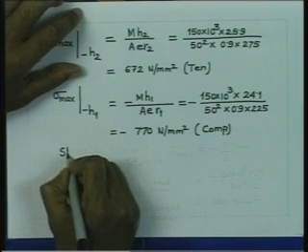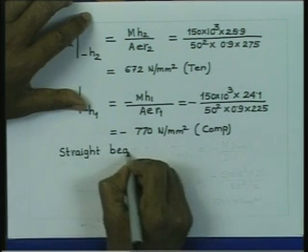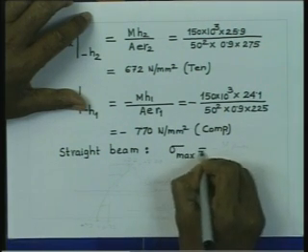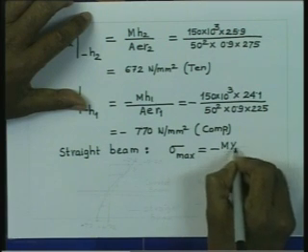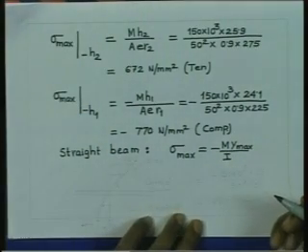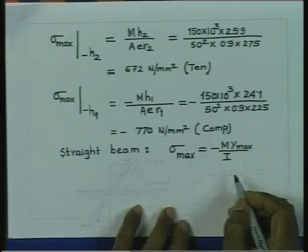If you compute the stress when the beam is straight, then it is simply going to be 6 M by b h square, or you can write that maximum stress is nothing but M into y maximum divided by I. So, therefore, for straight beam sigma maximum is equal to minus M y maximum divided by I. In this case I is nothing but 50 to the power 4 by 12.